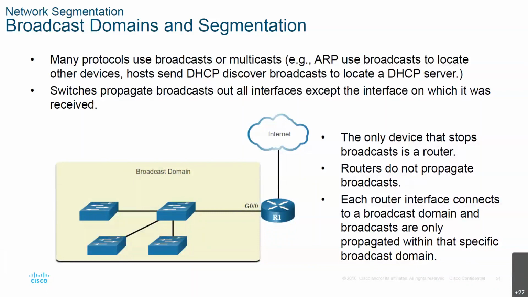The issue with switches is that switches propagate broadcasts. So the more switches you have, perhaps that may introduce some kind of latency in your network. The only device which breaks a broadcast is your router. We studied this even in the tutorial we did this week, because routers do not propagate broadcasts.